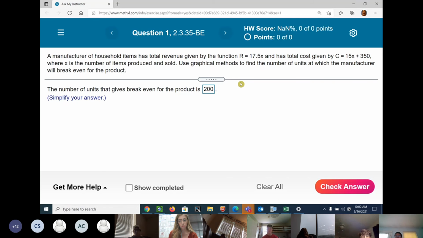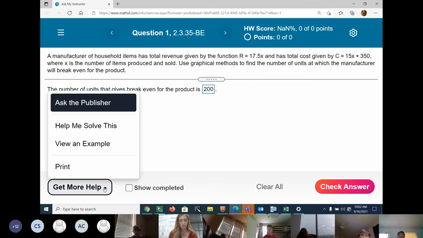So I would probably use substitution. No, I would actually probably use graphing. I don't know if that's what they're going to use, but let's see.